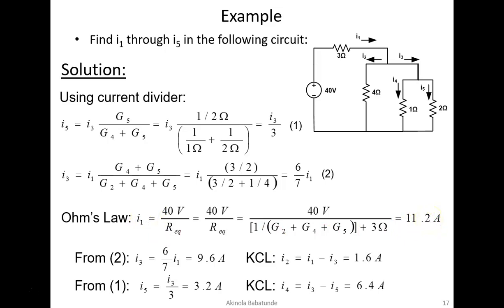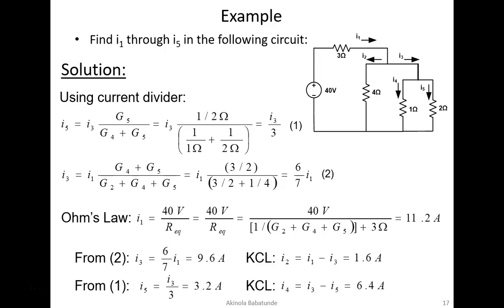Before we go ahead, let me sound a note of warning. There are several ways to solve this problem. You may decide to use conductances, or you may decide to use resistances. If you are not specifically told what to do in a question, you can use any of the methods that is convenient for you.